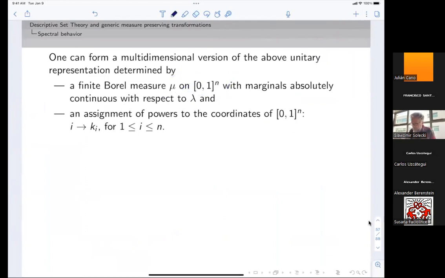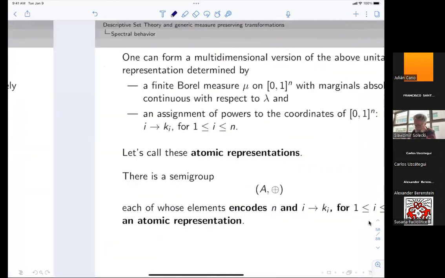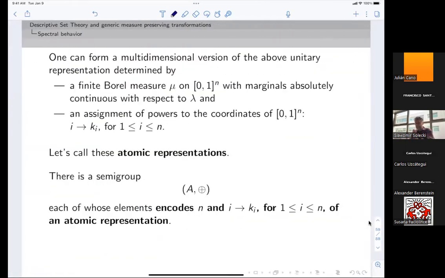Okay, so I will call such representations atomic representations. You see how this whole business is coded. It's coded by mu, and I have this K1 and K2, these powers, maybe more powers.